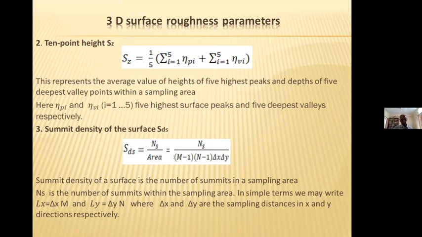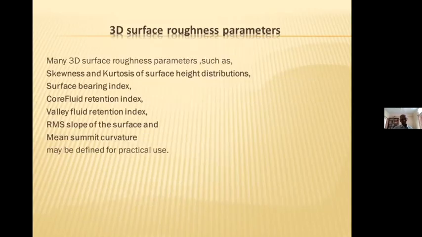Now, these are the few of many 3D surface roughness parameters available. So we'll not go into the details of all this, but I'll mention a few of them. Again, we need to find out the skewness and kurtosis of surface height distributions over the 3D surface, bearing index, core fluid retention index.